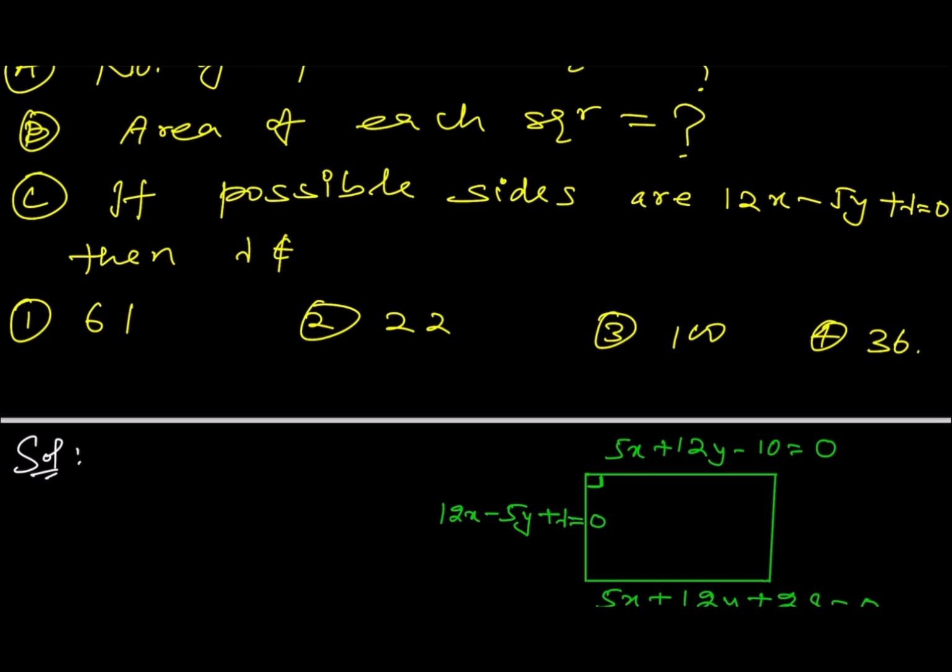Okay, now we know very well all sides of a square are equal, or you can say the distance between opposite sides is equal.